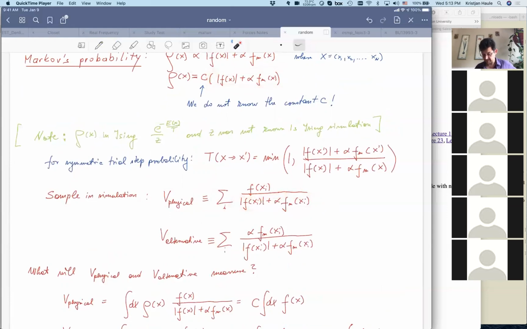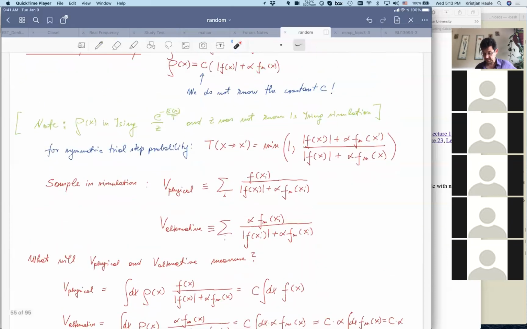Basically, this quantity that we took in rho, you divide by this one, and on top is the function itself. Then we measure another quantity, which is alpha times this addition of fake function, and you divide by the same quantity that enters in rho. That's my choice. These are the things that I'm going to measure.